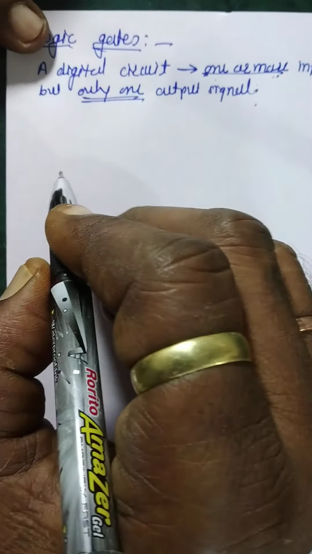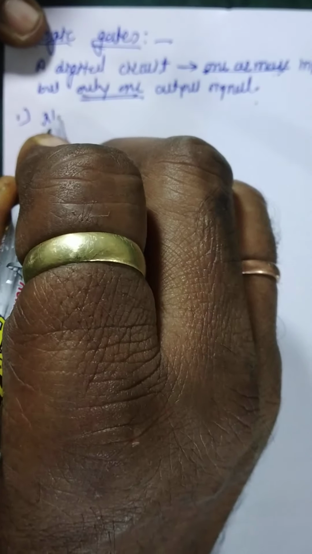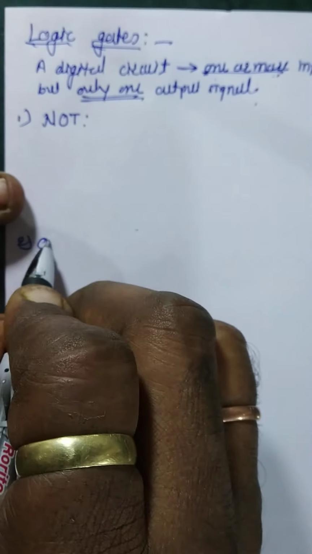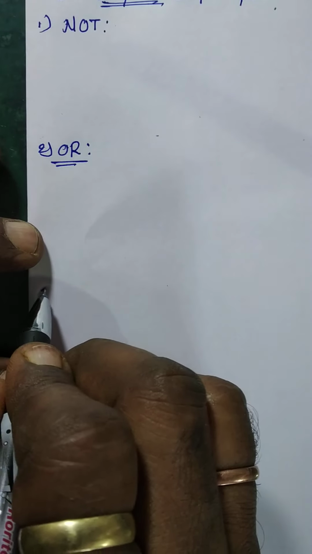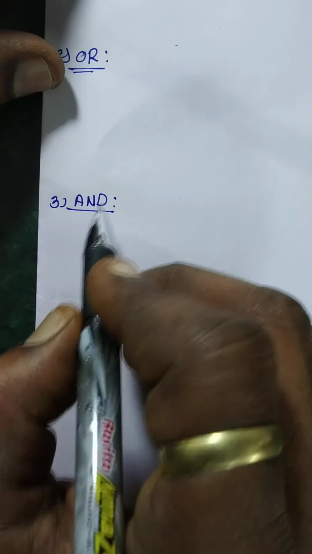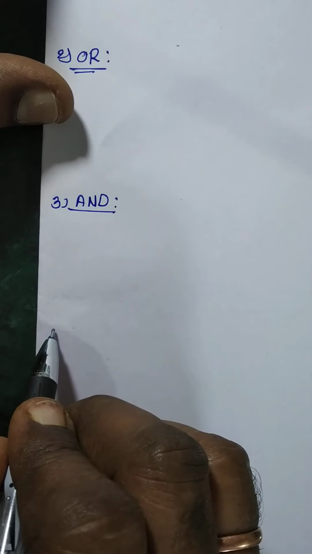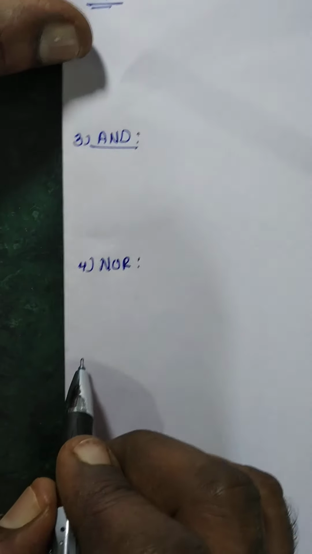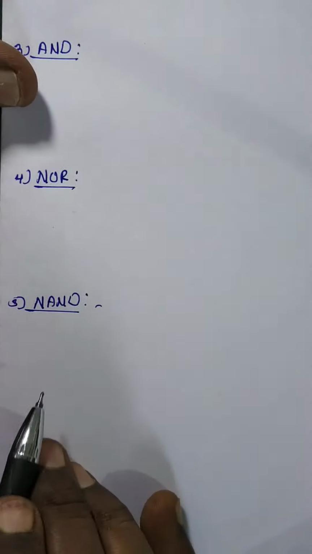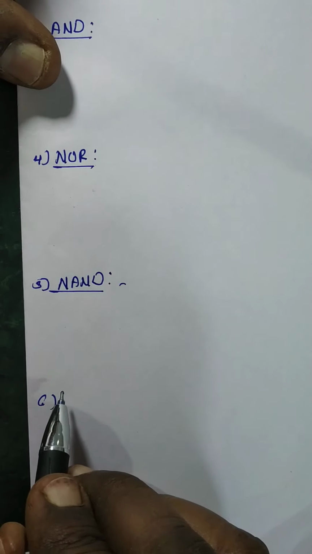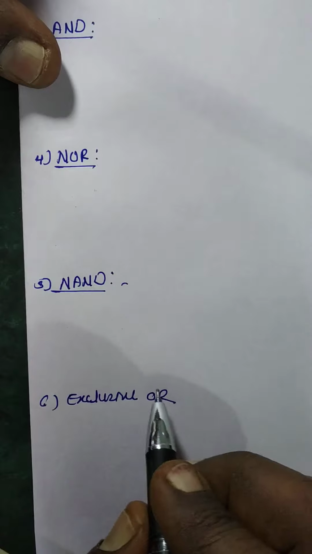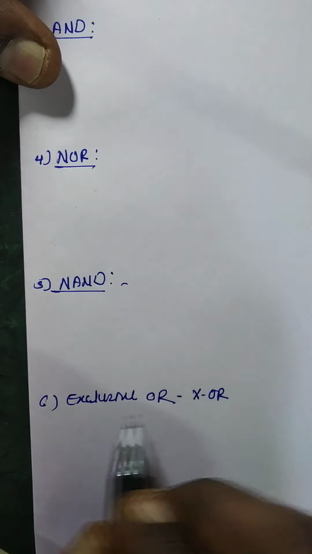There are different types of logic gates: NOT gate, then OR gate, AND gate, then NOR gate, NAND gate, and one more, that is the sixth, exclusive OR, or XOR gate.